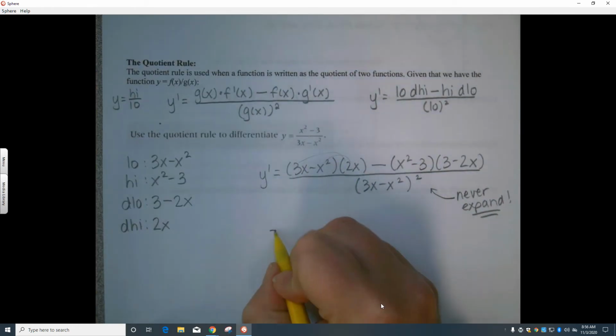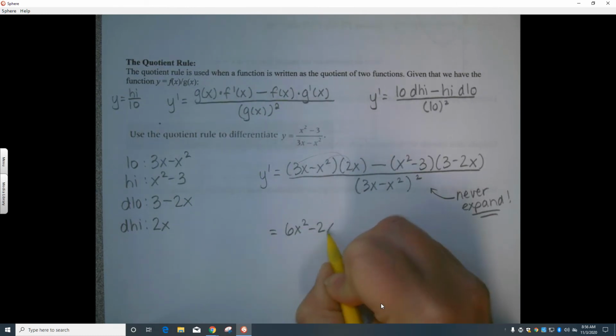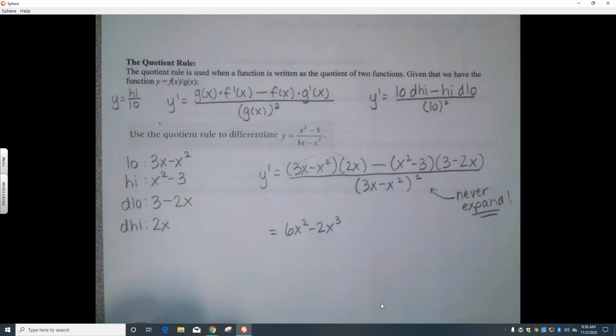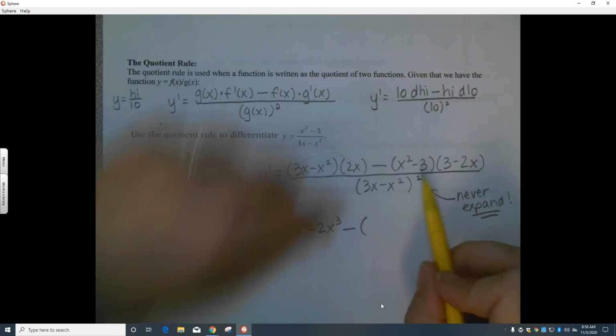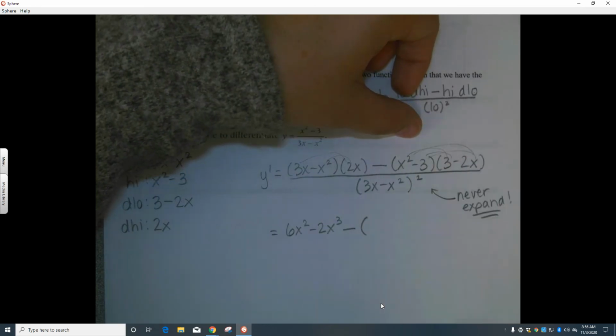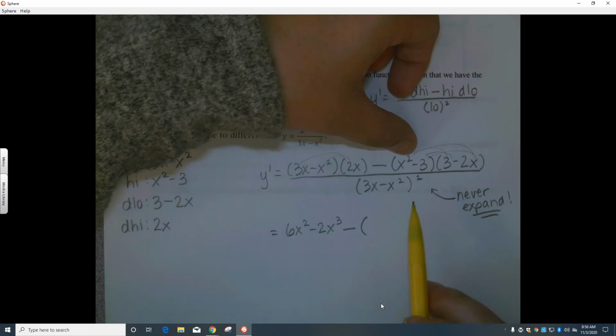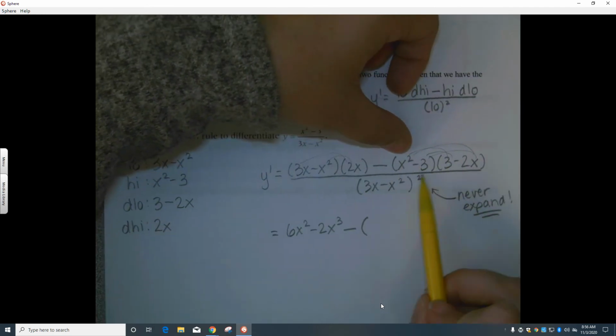So up here we end up with 6x squared minus 2x cubed minus, now I'm going to do a big parenthesis because I'm going to distribute here. Again, you can box this if that's easier for you. It's totally up to you. I'm going to just do FOIL.